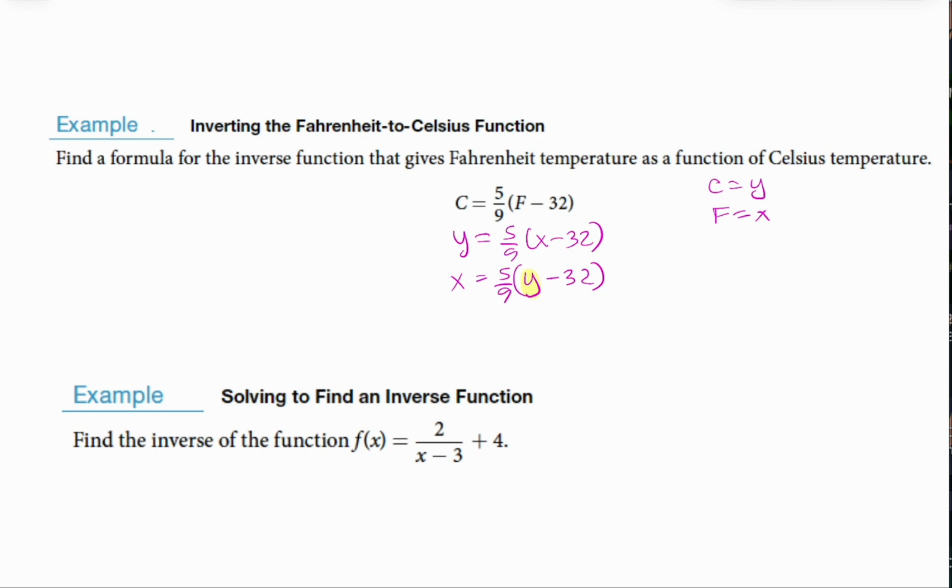So the first thing I would do is get rid of 5/9 and make it 9/5. To divide by 5/9 to get rid of it, we can multiply each side by the reciprocal. And the only thing left is for us to add 32.